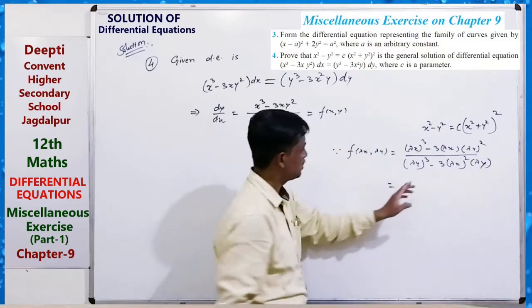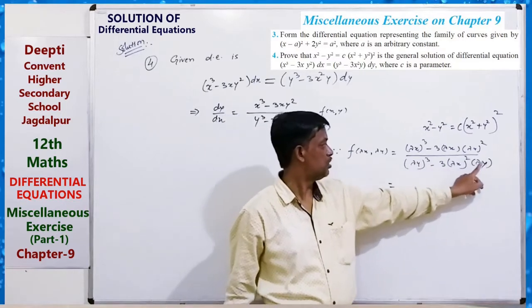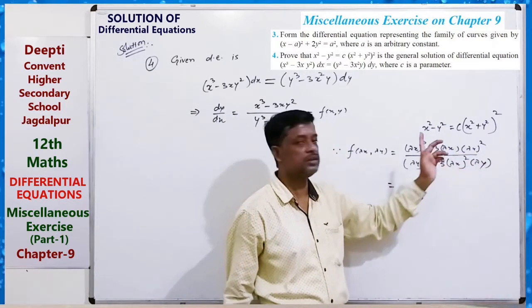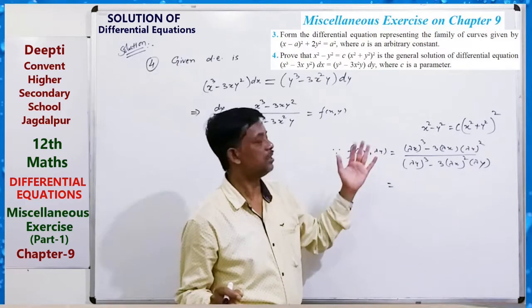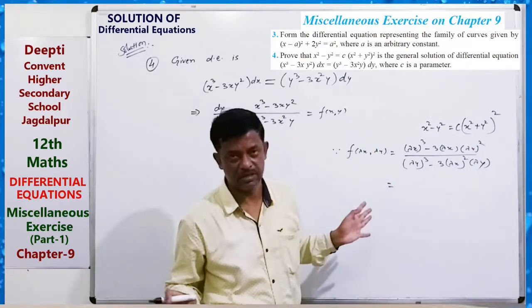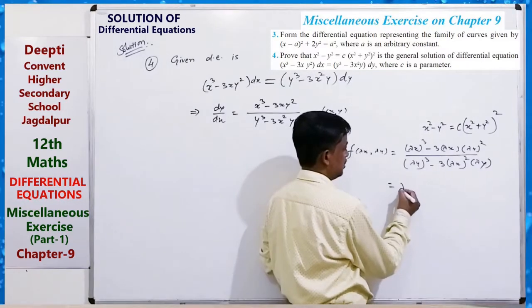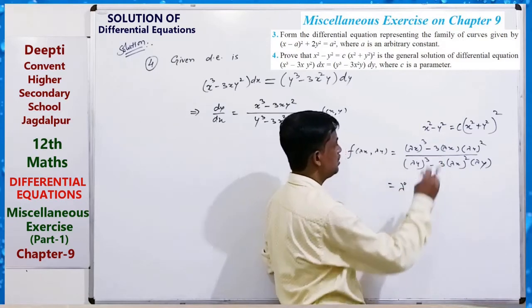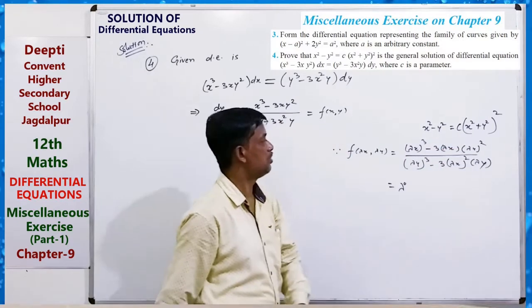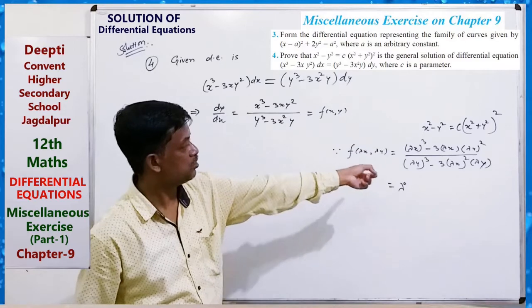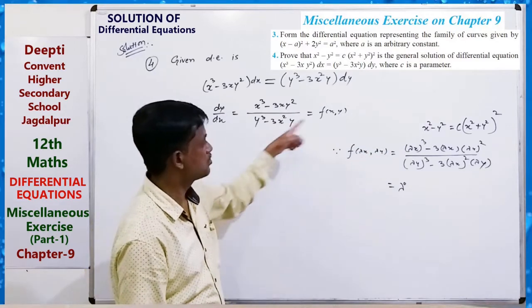We can see lambda power 3 in the numerator and denominator is common, so it cancels out, and we can write lambda power 0. The remaining is x cube minus 3x y square upon y cube minus 3x square y.